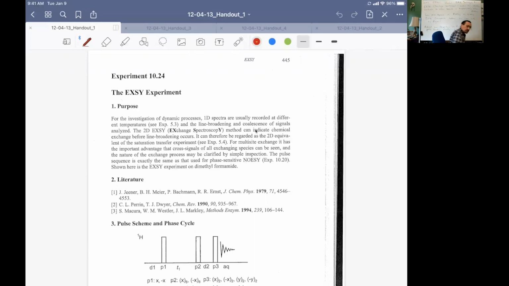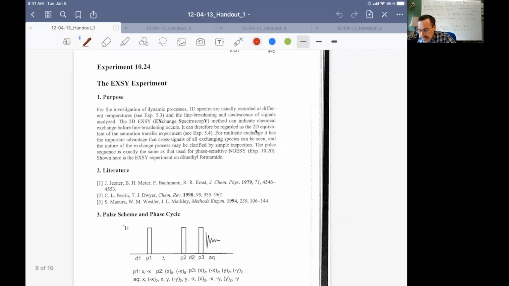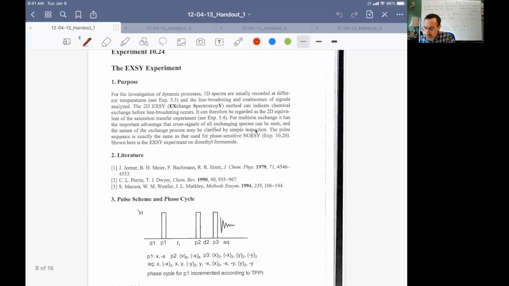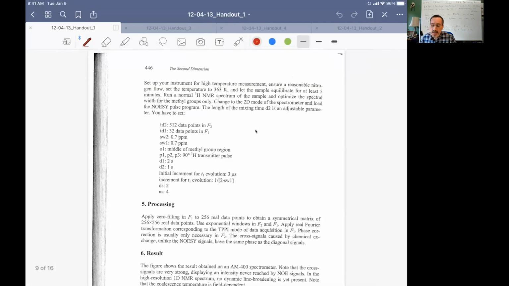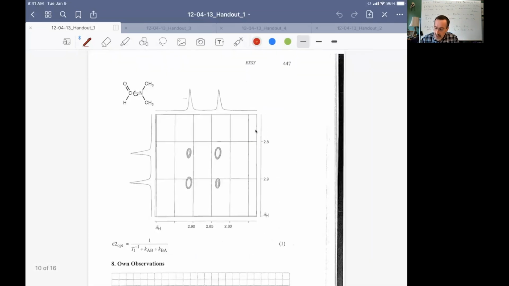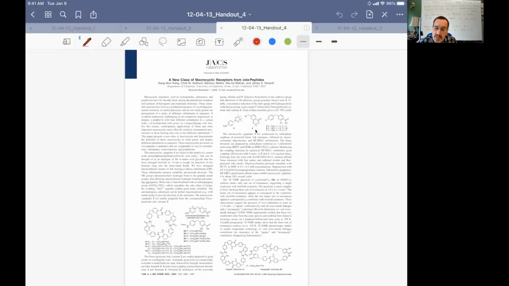Anyway, so the pulse sequence, as I said, is similar to a NOESY or a ROESY pulse sequence. There's a key element of mixing time. And the example that they give here is dimethylformamide. Now, DMF we talked about before. Can you see my screen okay?